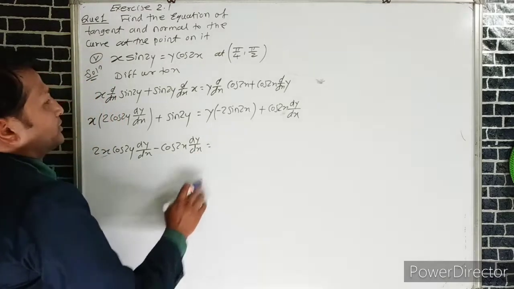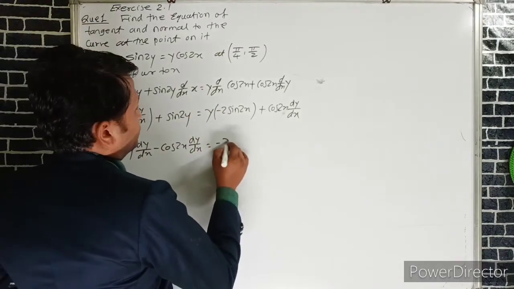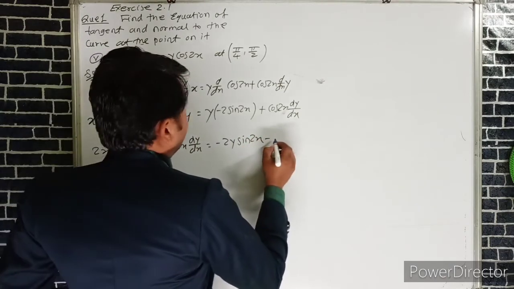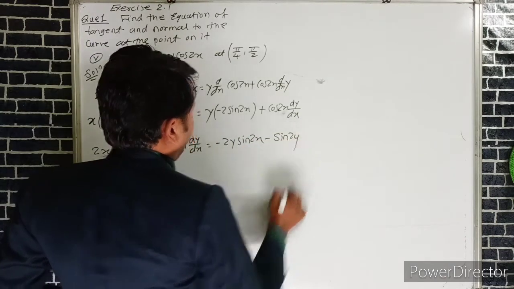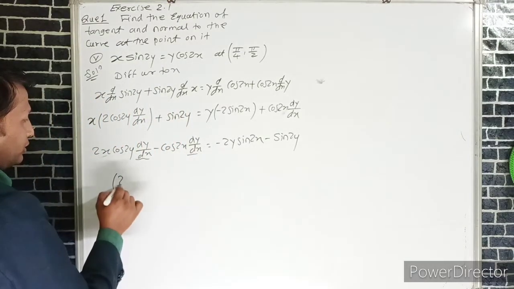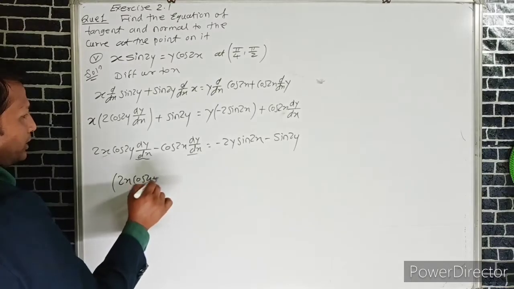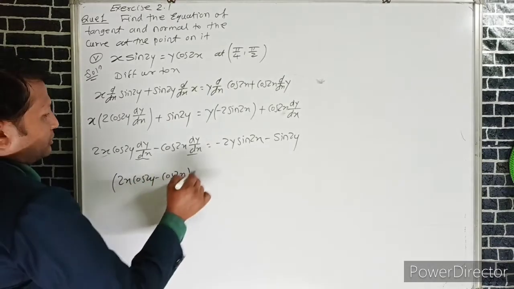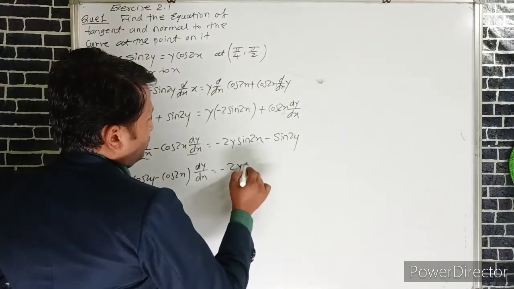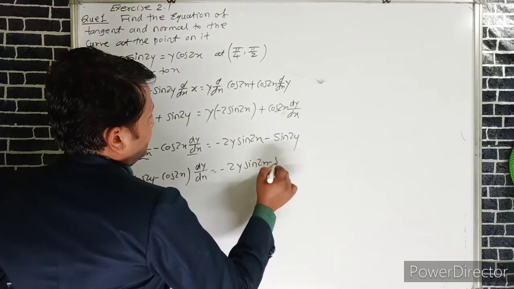The remaining terms, if we shift them to the right side, give minus 2y sin 2x minus sin 2y. If we take dy by dx common from both terms, we can write 2x cos 2y minus cos 2x into dy by dx is equal to minus 2y sin 2x minus sin 2y.